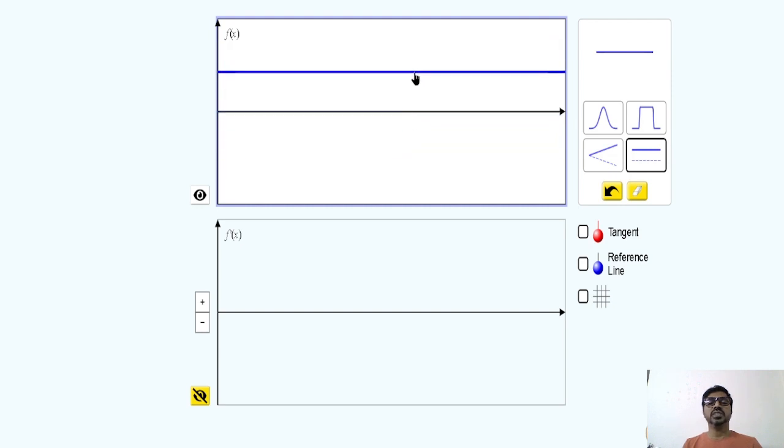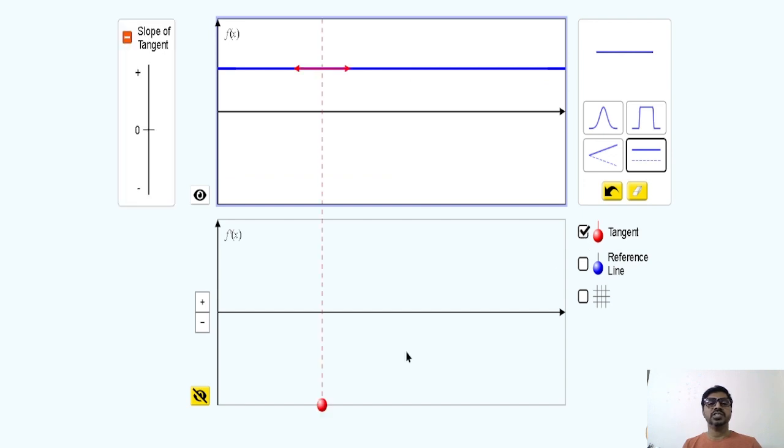So suppose I keep it up there like this, and let us see the tangent. You see the tangent orientation is always horizontal. At every position it is horizontal, and whenever the tangent is horizontal, slope is 0.